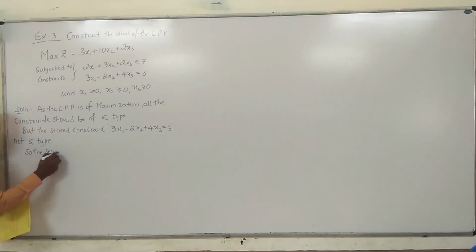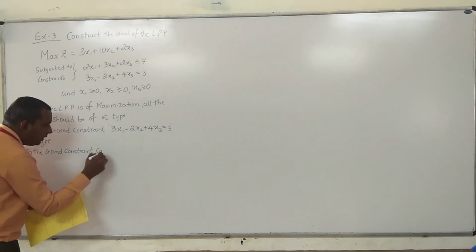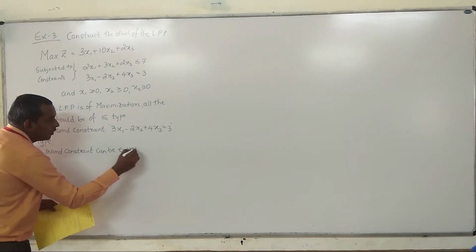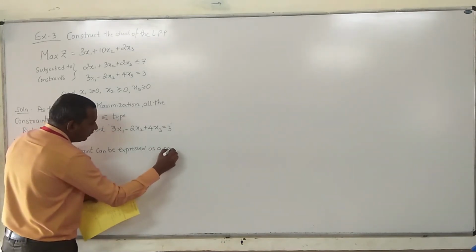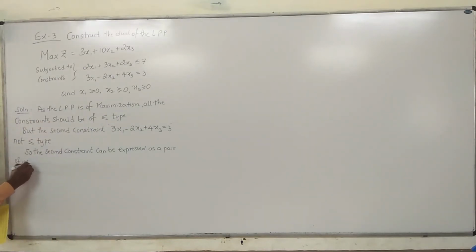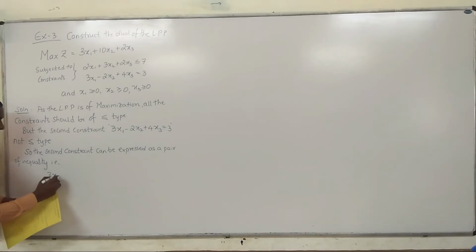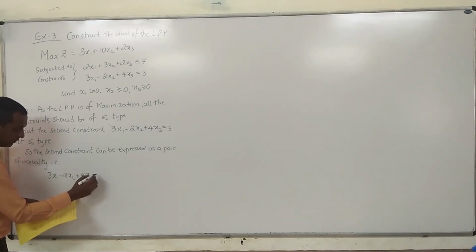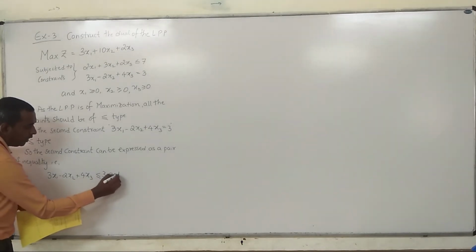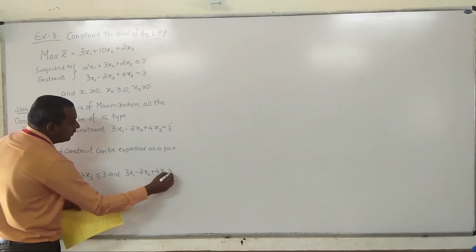The second constraint can be expressed as a pair of inequalities, that is 3x1 minus 2x2 plus 4x3 is less than or equal to 3, and 3x1 minus 2x2 plus 4x3 is greater than or equal to 3.